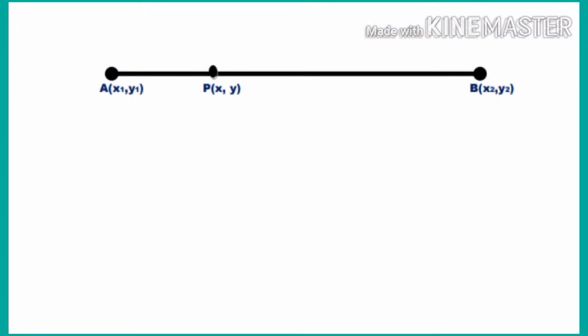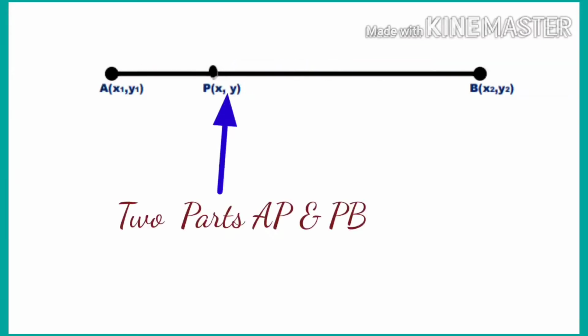Consider a line segment AB and a point P somewhere in between A and B. Here the point P is slightly nearer to A. Here the point P divides the line segment AB into two parts, AP and PB. This is called the internal division, as the point P divides the line segment AB internally into two parts.